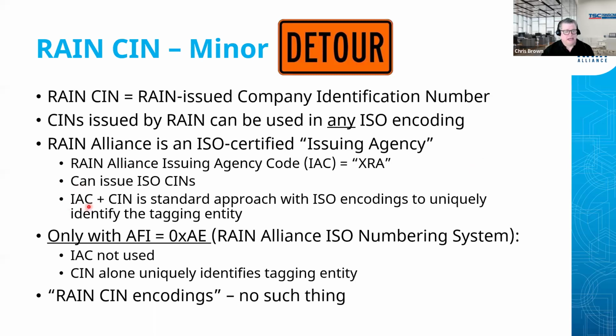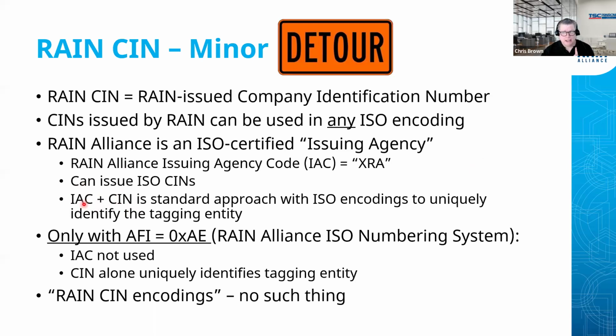You have what's called the IAC, the issuing agency code, that tells a reader who issued this company identification number. And then you have the actual number. So if you want to find out who the company is, you go to this issuing agency and you say, whose number is this? Okay, that's a so-called normal ISO encoding.